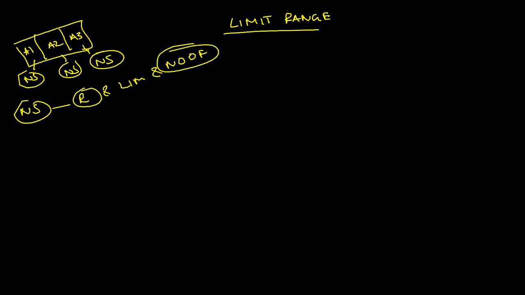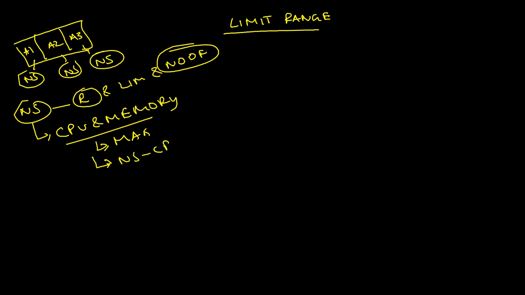With this approach, we are giving a specific amount of CPU and memory that this namespace can utilize at maximum, or that will be allocated at the creation of the namespace. But the problem is this.